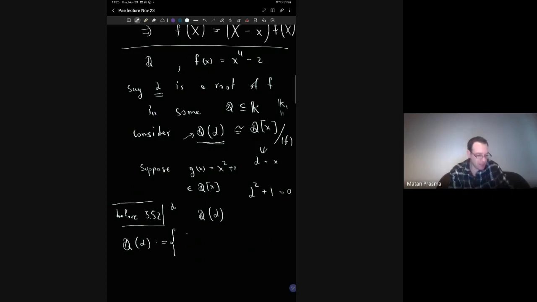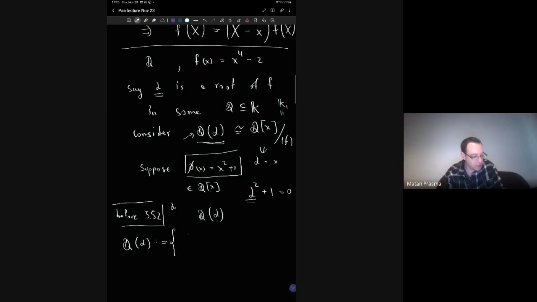Let's denote this polynomial as phi, for compatibility with the notes. Now I consider Q(alpha). I want to adjoin a new element alpha that will be a root of phi. A root of phi simply means it satisfies this algebraic relation, alpha squared plus 1 equals 0.